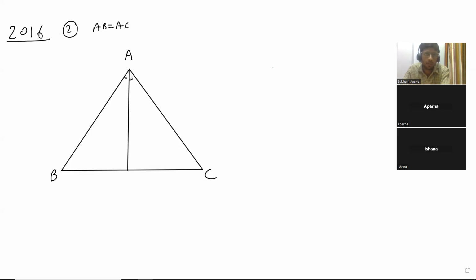The line perpendicular to AD through D meets AB at F. But it will be this line only, right?